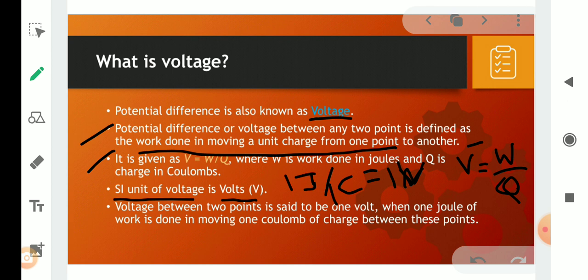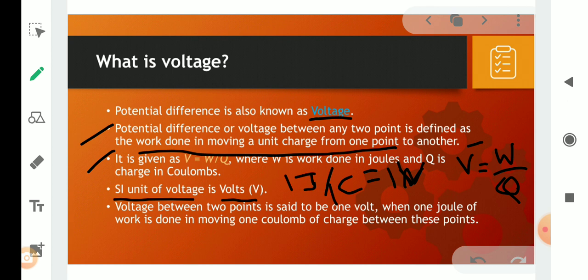Okay. So what is voltage? What is potential difference? The work done in moving a unit charge from one point to another is called voltage or potential difference. The formula used is V = W/Q, where W is the work done in joules and Q is the charge in coulombs.